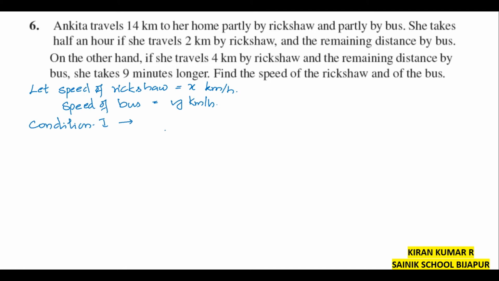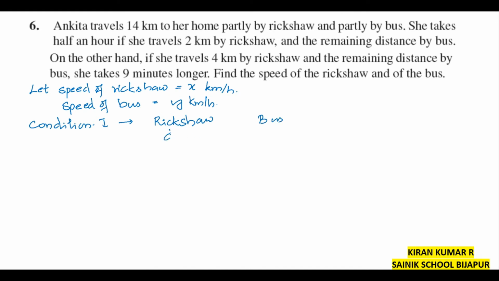They have given that the total distance is 14 kilometers, so 14 minus 2 will be the distance covered by bus. Here we have to solve this question in terms of the time. So let me mention it separately: rickshaw and the bus.